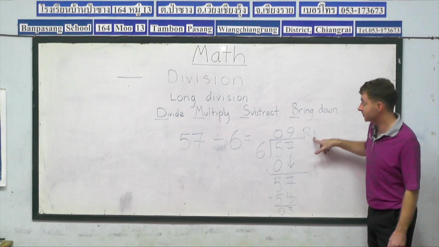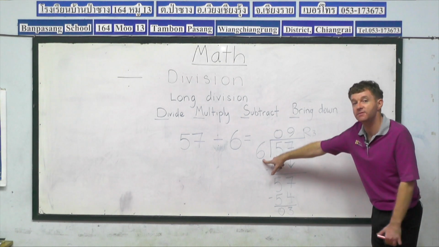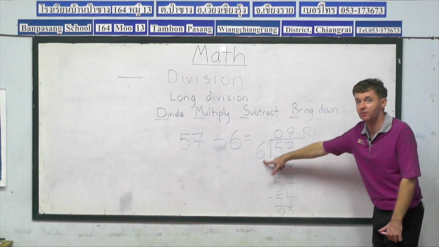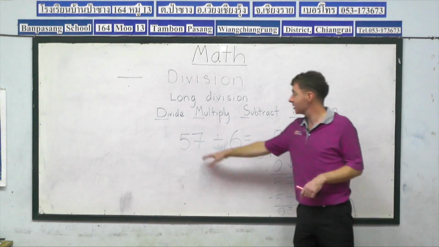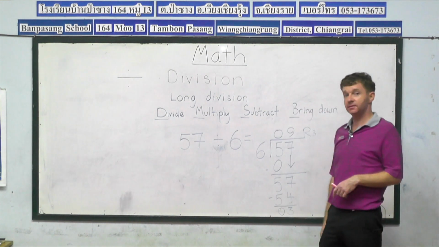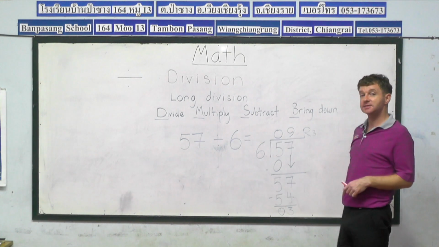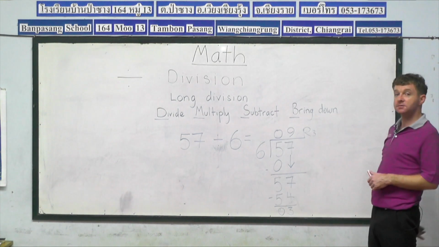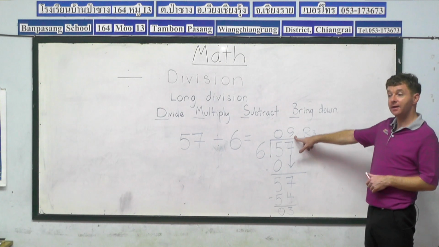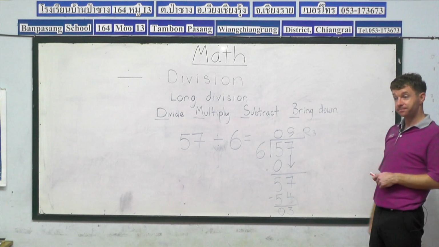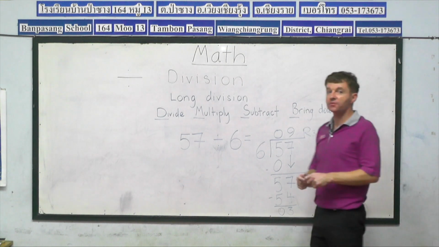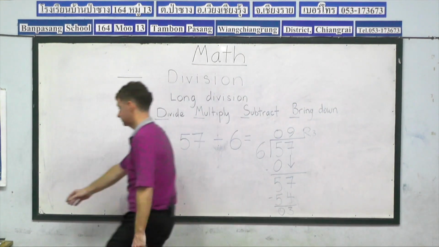Notice 3 is less than the number we want to divide, 6. So we can't do it. So we can say 57 divided by 6 equals 9, remainder 3.